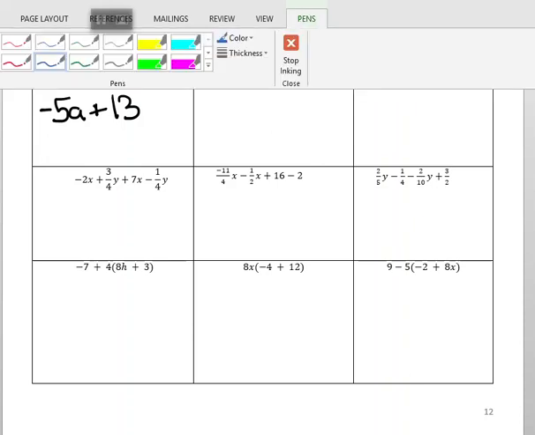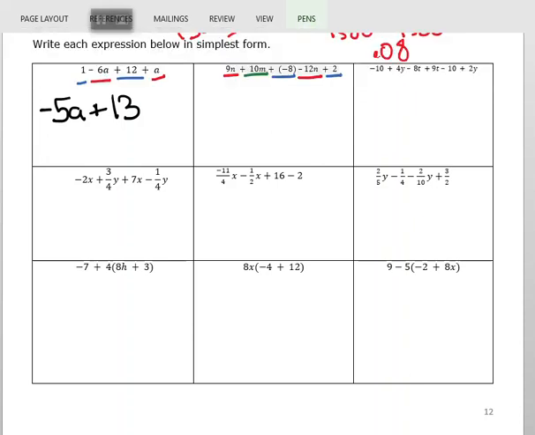All right, so here I go. When I combine 9n and negative 12n, I get negative 3n plus, I can't combine anything with the 10m, so I'm just going to put plus 10m. And then I have negative 8 and positive 2, so that's going to give me minus 6.